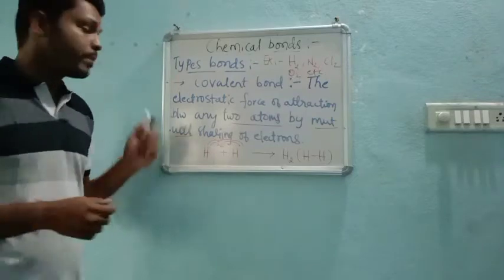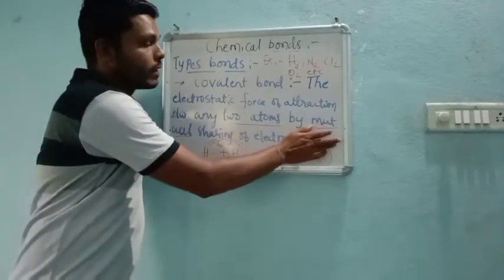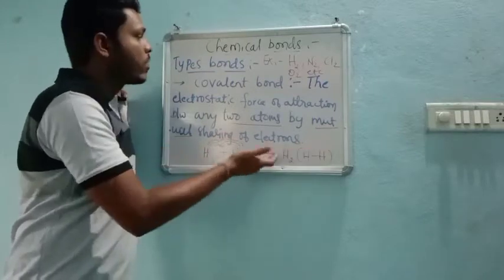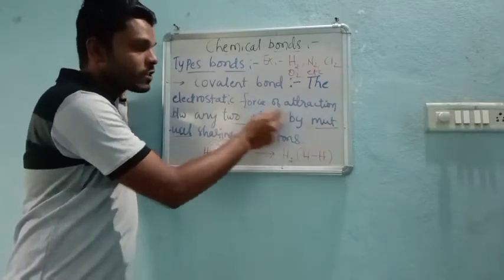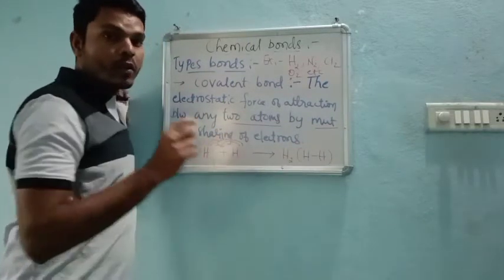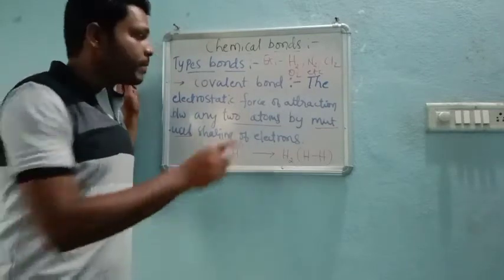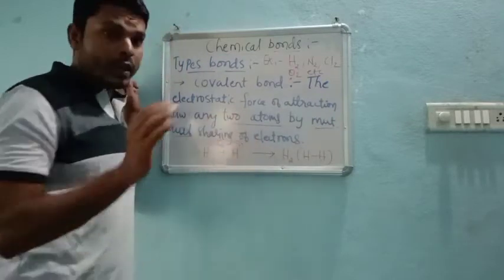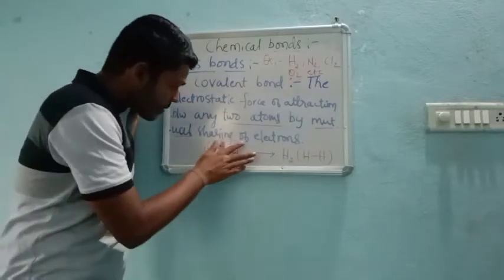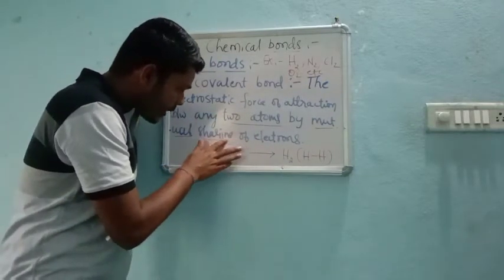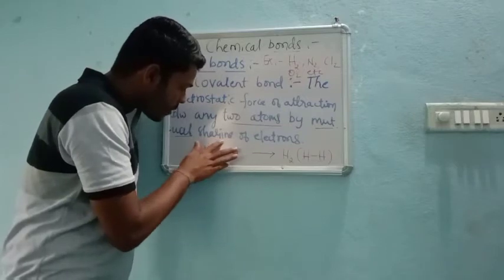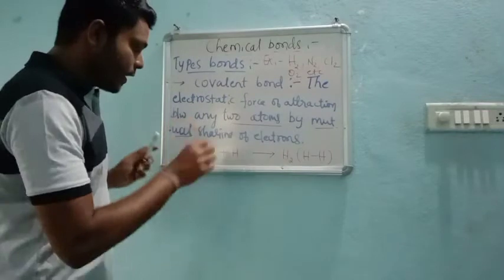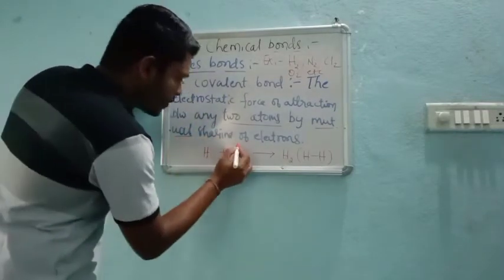That's why the mutual sharing takes place, and thus the formation of a covalent bond takes place. This type of bond is called a covalent bond when there is mutual sharing, right? If this hydrogen is only donating 2 electrons, then this will not be a covalent bond, right?